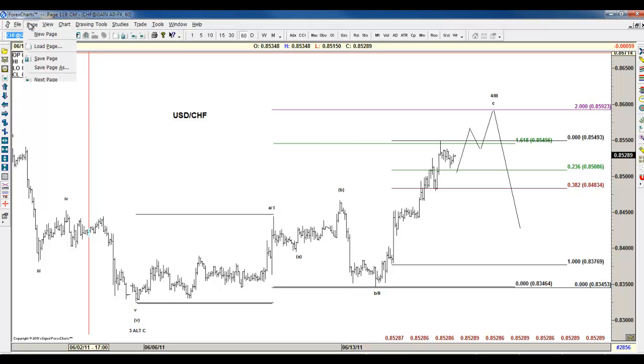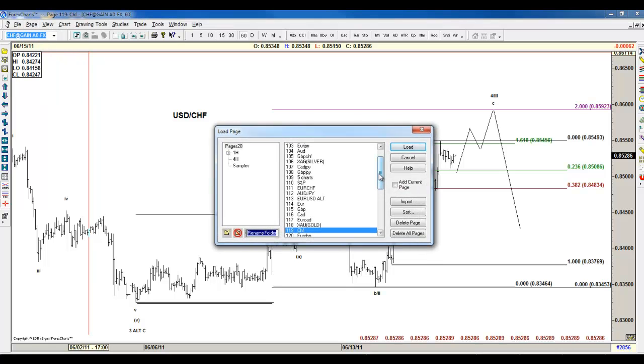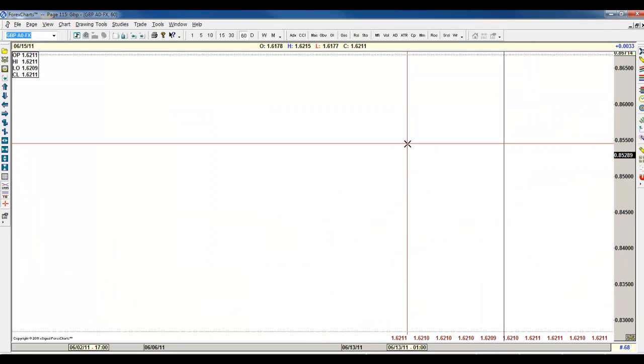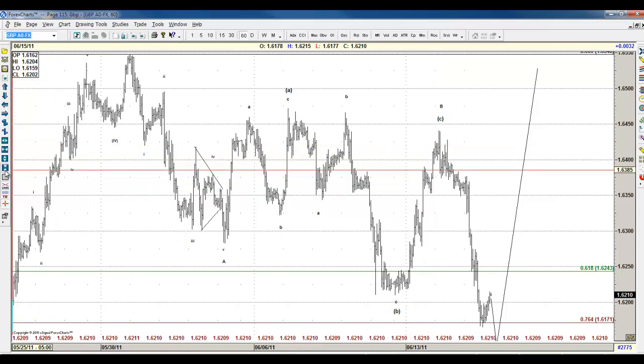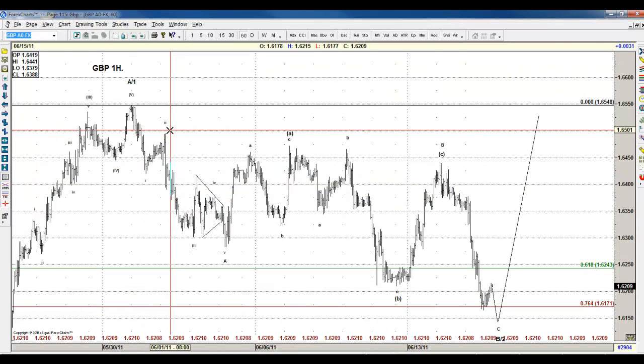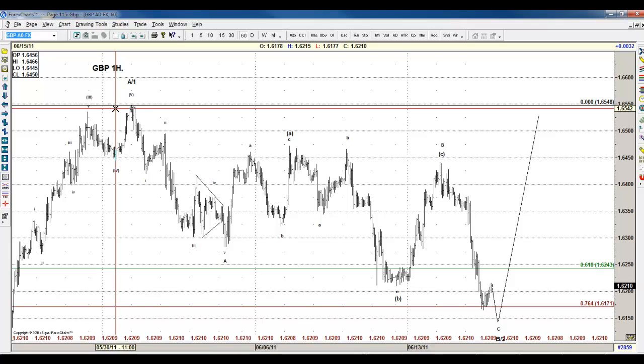All right, now the pound, cable. We tweaked the count a little bit, but it's something that I mentioned to you guys before. Again, the way we're seeing it is still bullish because of the 5 ways.